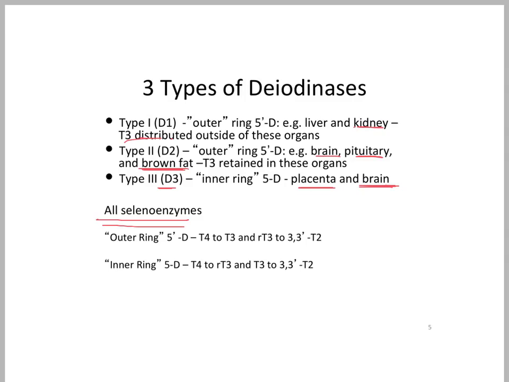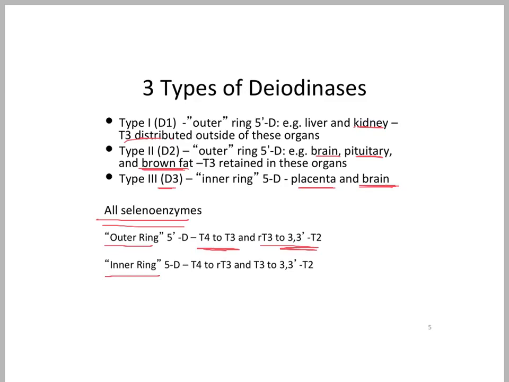The other thing I wanted to explain is that when we say outer ring or inner ring deiodination, we can remove iodine. You can see from the pathway on previous slides that it doesn't make any difference whether you're taking an iodine off T4 to make it T3 or reverse T3 to make it 3,3' T2.